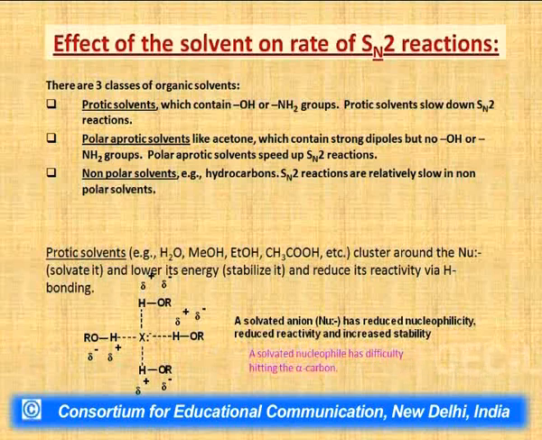You can see in the figure that the halide anion is solvated by ROH. A solvated anion has reduced nucleophilicity, reduced reactivity and increased stability. A solvated nucleophile has difficulty hitting the carbon atom.